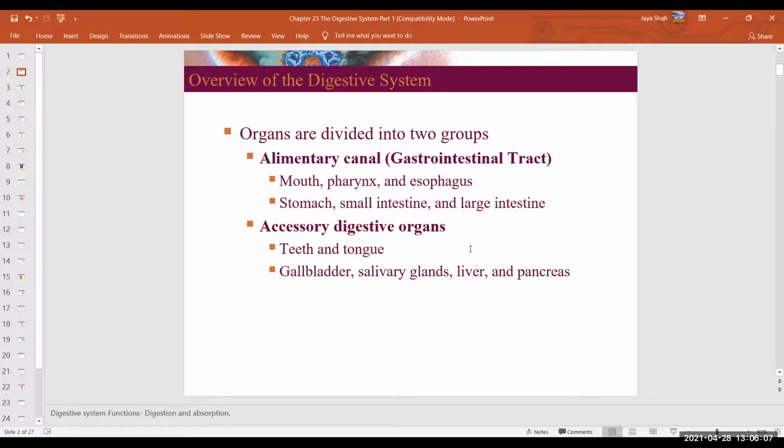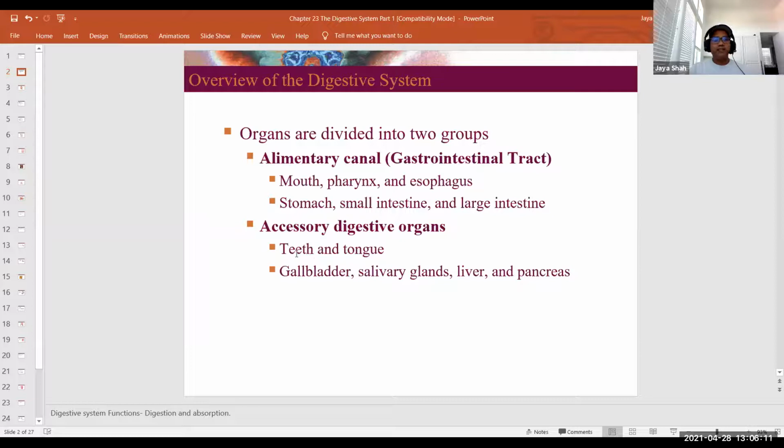So what are those digestive accessory organs? They are teeth, tongue, gallbladder, salivary glands, liver, and pancreas. Okay. So the main function of the digestive system again is to digest, meaning to break down complex molecules into simple ones, and to absorb.